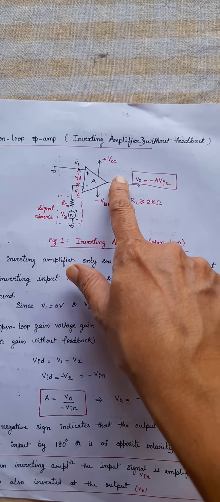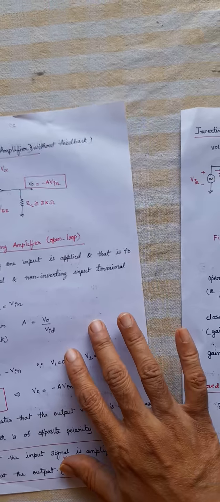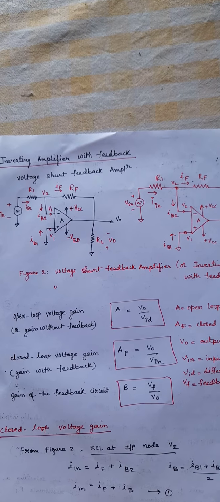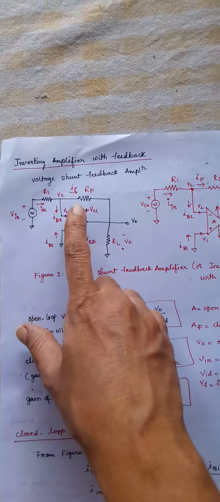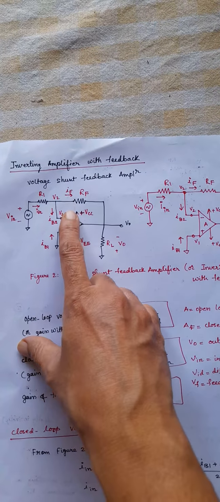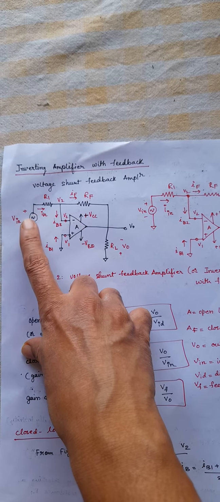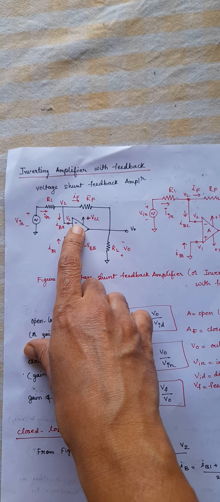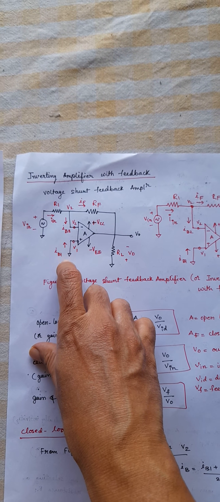There is no interconnection between output to input, so it is known as open loop inverting amplifier. Now if you look at this diagram, here op-amp is having two terminals, minus and plus. Where is the input given? At minus terminal. Vin is given to minus terminal and the plus terminal is grounded.